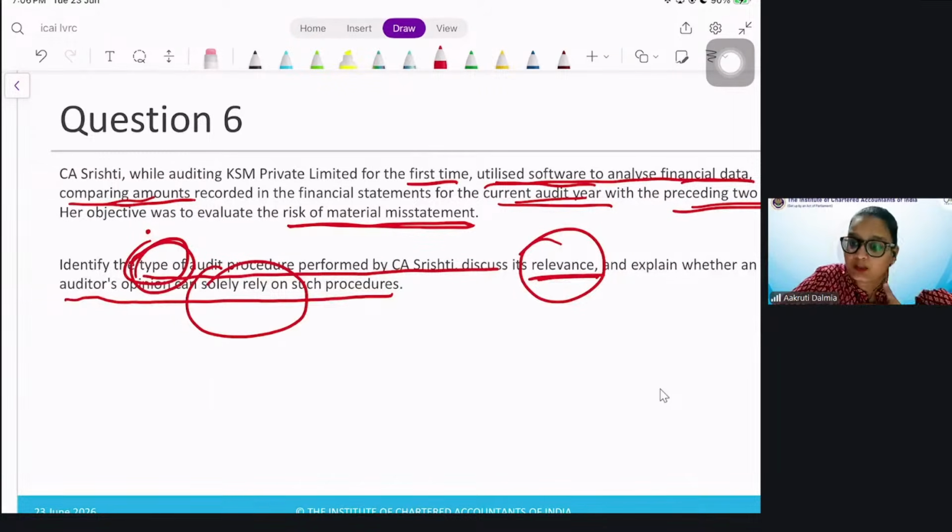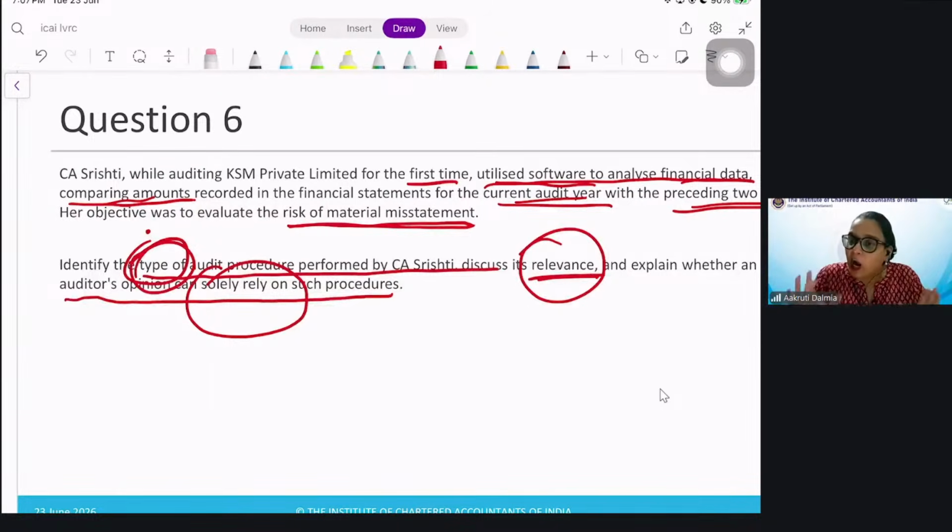Can I use, if I'm doing audit in real life, I can use analytical procedure to find risks so that it tells me what evidence to find. And then when I'm finally trying to find evidence, can I again use analytical procedures? Yes. In this question, why in the answer they are again and again mentioning analytical procedure as risk assessment? Because analytical procedure can also be used as substantive.